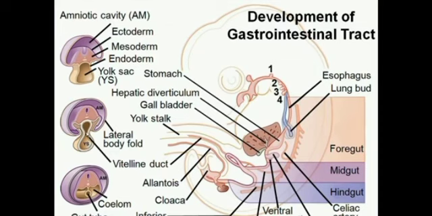There persists for a short time a communication between the internalized part and the externalized part, called the vitelline duct, and it extends out into the umbilical cord. Usually that vitelline duct fuses and disappears, leaving us with just the gut tube inside the embryo with no communication to the outside.